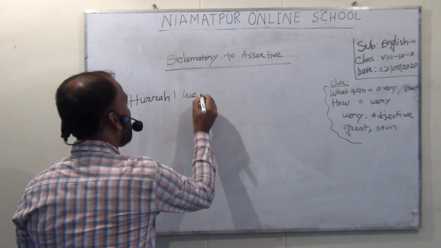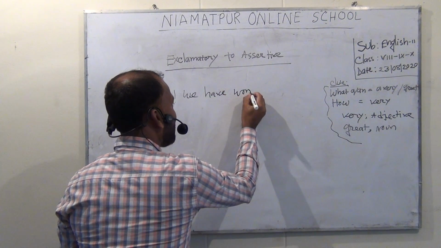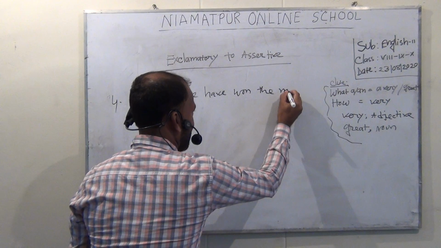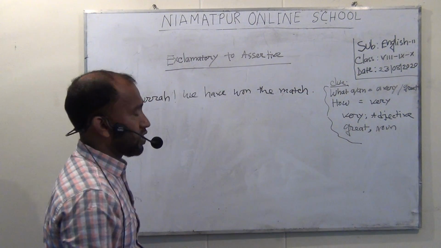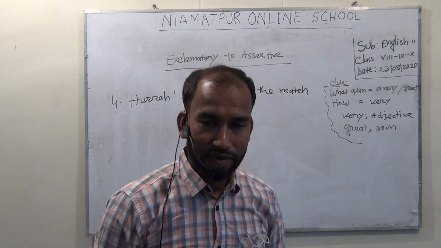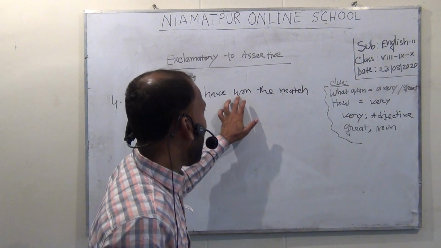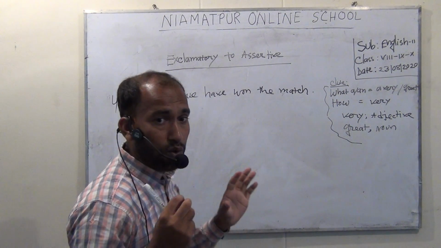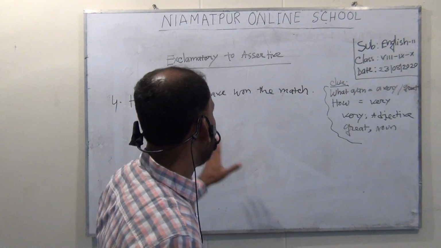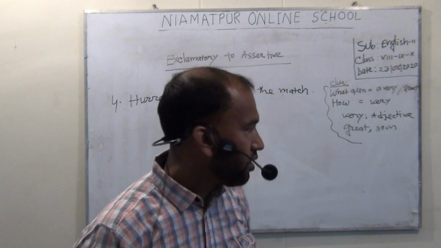This is a very common example. Actually, somebody says own, this is totally a mistake. So, hurrah, we have won the match. This is also an example of an assertive sentence.